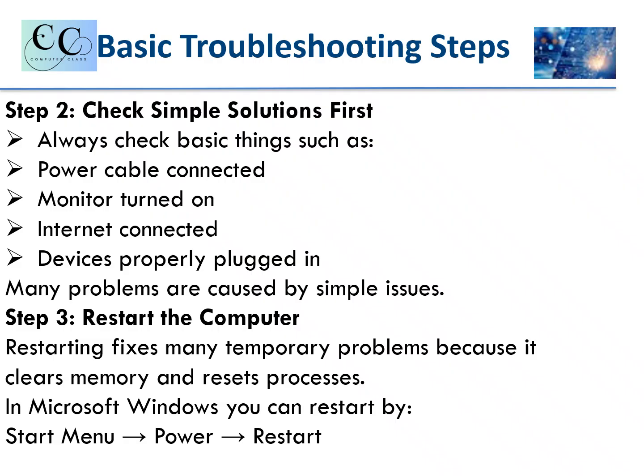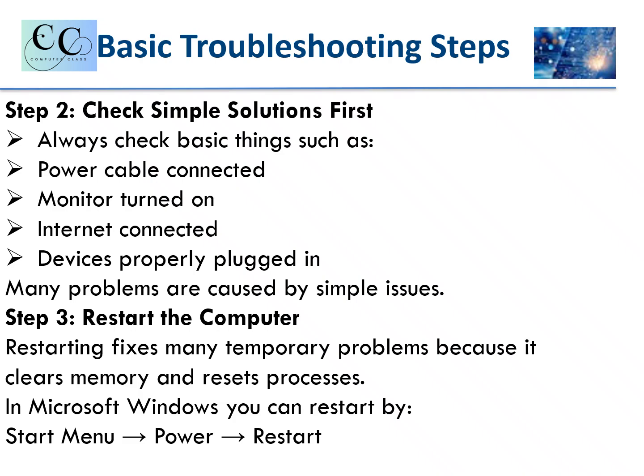The second step is checking simple solutions first. Always check basic things such as power cable connected, monitor turned on, internet connected, device properly plugged in. Many problems are caused by simple issues.